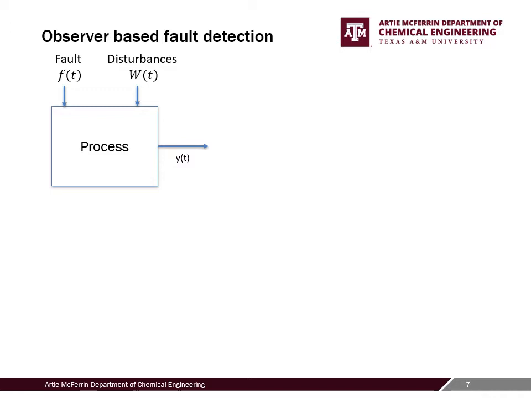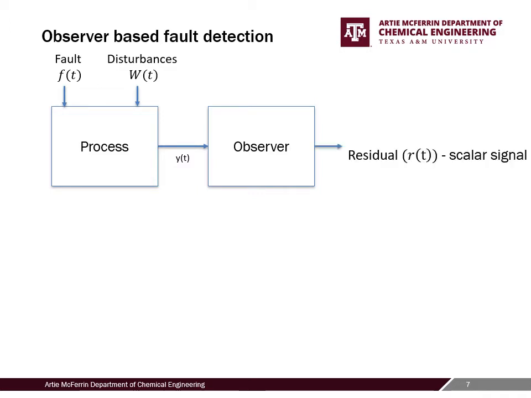And to do this, we have another system called an observer that takes the measurements from the process as input, and it in turn spits out a scalar output called the residual. We hope that this residual has properties that would facilitate fault detection. And what these properties are and how they look will be covered in the next slide.